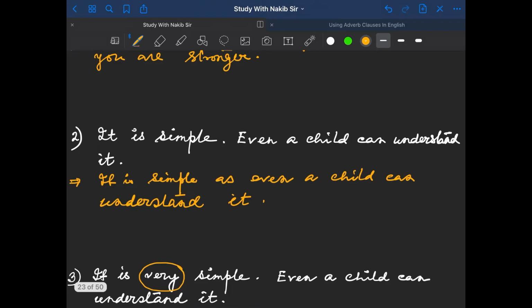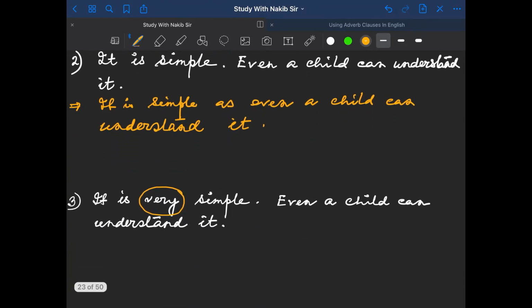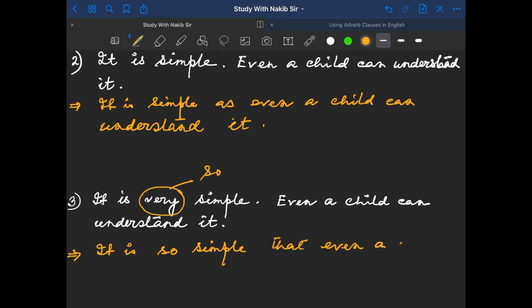Okay, now see this. It is very simple, even a child can understand it. Very will be turned into so. See the answer. It is so simple that even a child can understand it.